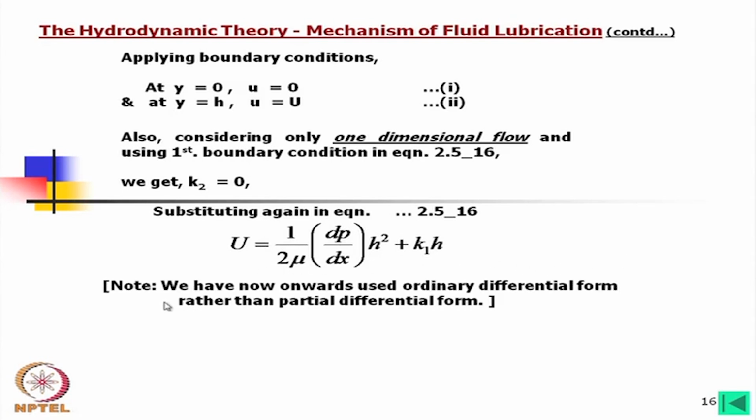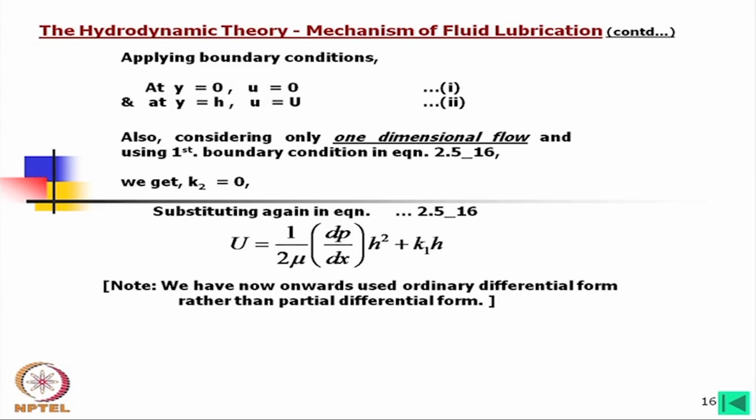Now, if you look into this, from now onward we have used the ordinary differential form rather than the partial differential form. Earlier, while deriving the equation, we used the partial differentiation form because the variation in pressure might be in all directions.